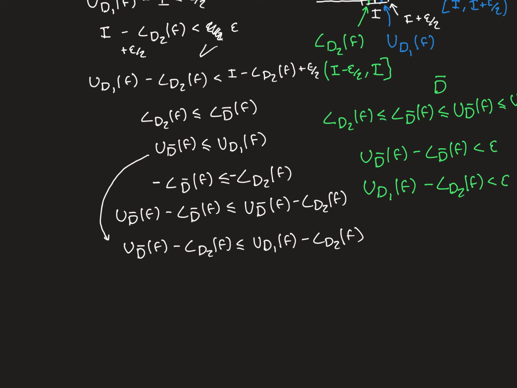Excellent. So this is all looking really hopeful now, because we've got this thing is less than or equal to this thing, and these two are equal to one another here, that's the same as that, is now less than or equal to that.